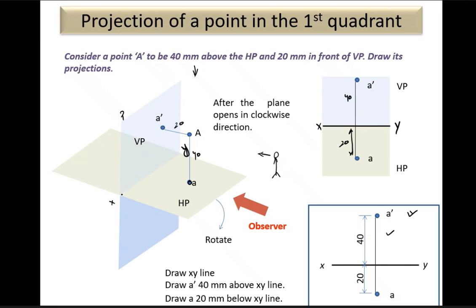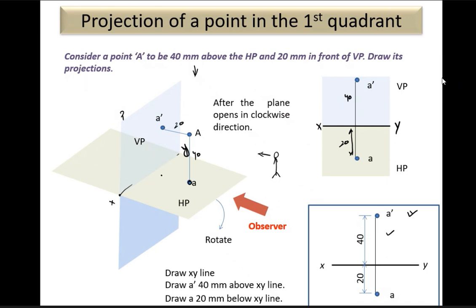Since the reference line is this one, X, Y, we are not considering a reference point like the origin in our coordinate system, but we have a line over here. So we take distances from this line only. If you look closely, these are the distances. This is the one-dimension distance, or you can say plan, or we call it projection.